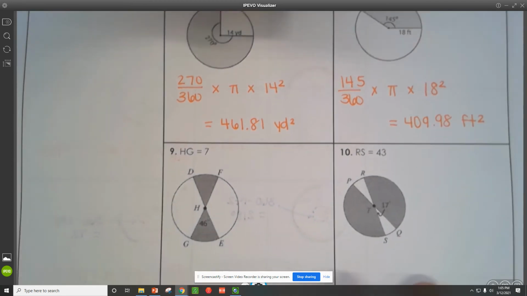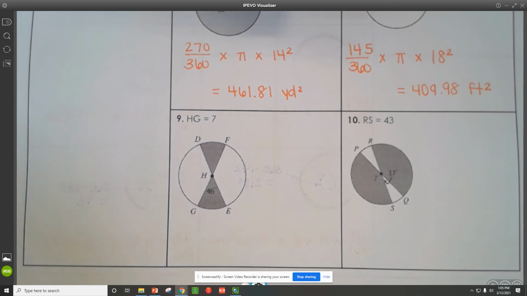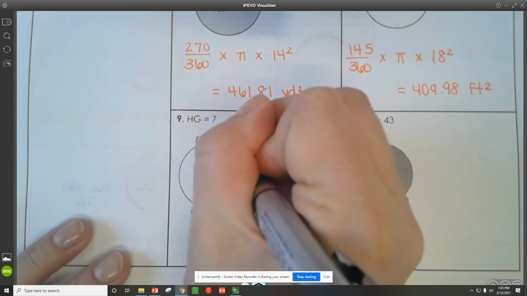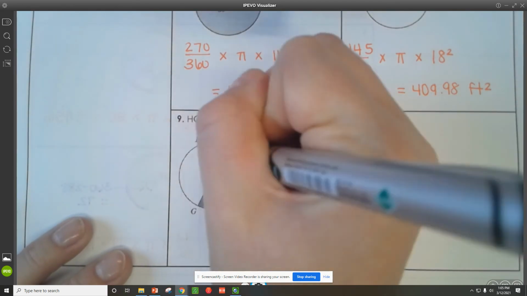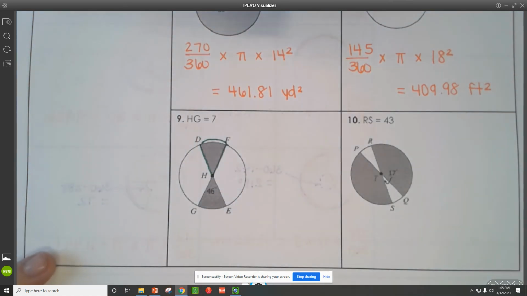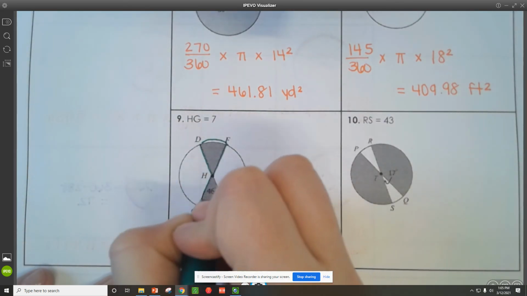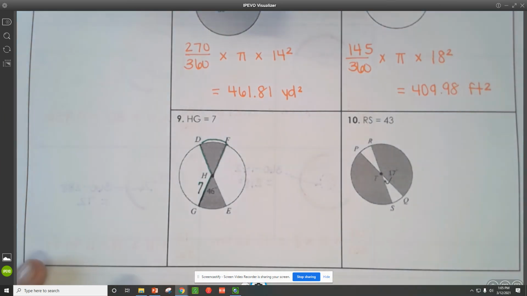Now HG, or number 9, is a little different because we have 2 sectors, but they're equal. So we can just find the area of one of them and multiply by 2. It tells me that HG is 7.